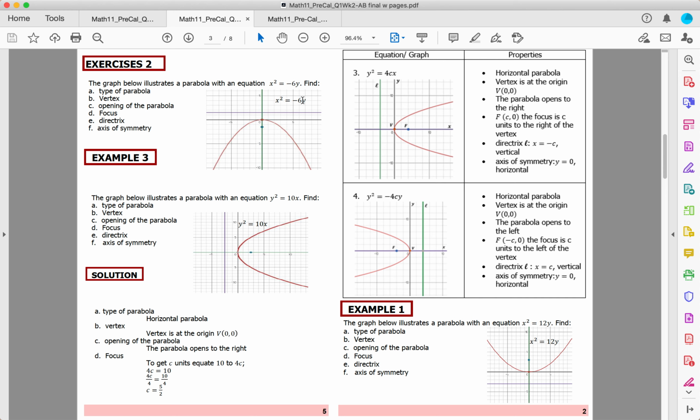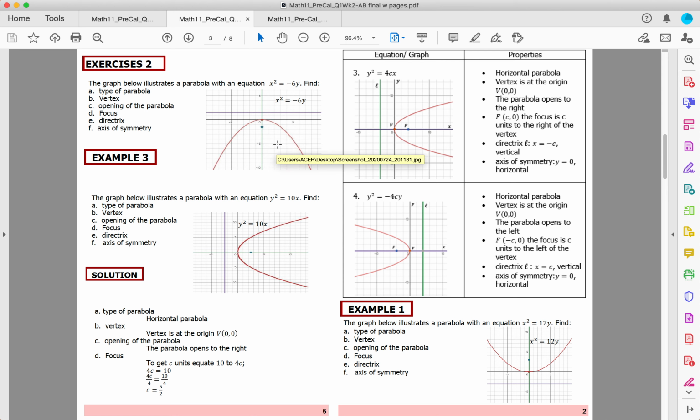So negative 6 divided by 4, that would be how much? 3 halves, right? Negative 1.5. Okay? So meaning to say the focus is at 0, negative 3 halves, or 0, negative 1.5.